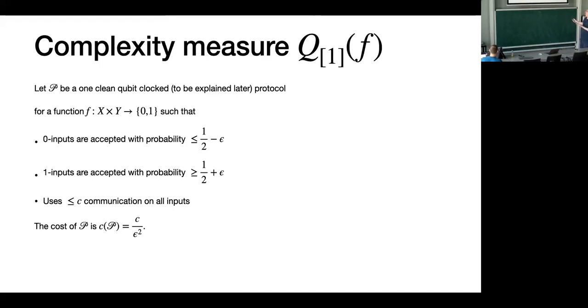If epsilon is a constant, then this seems to be petty, but epsilon can be potentially very small. And so we denote the complexity of the function as the infimum over all protocols, which also implies the epsilon here, of this cost C over epsilon squared.